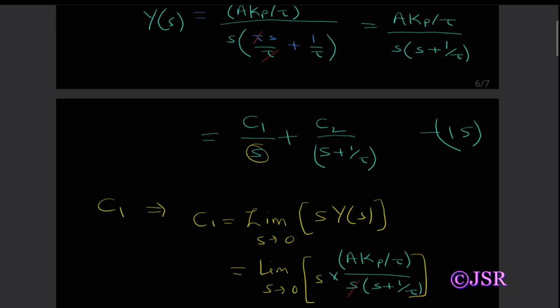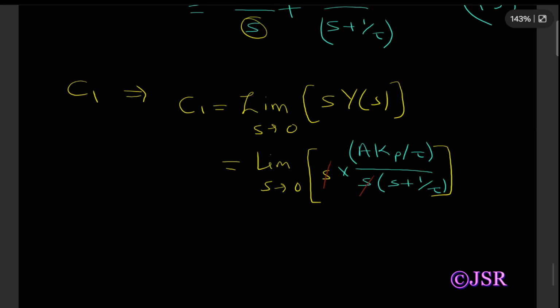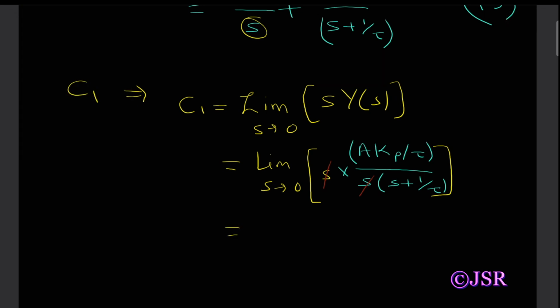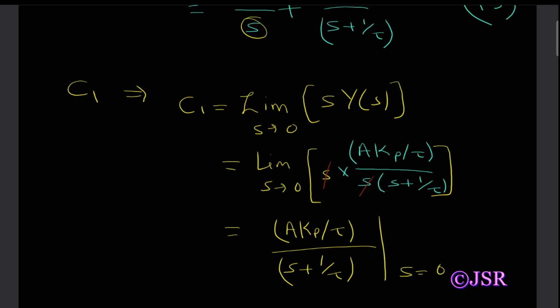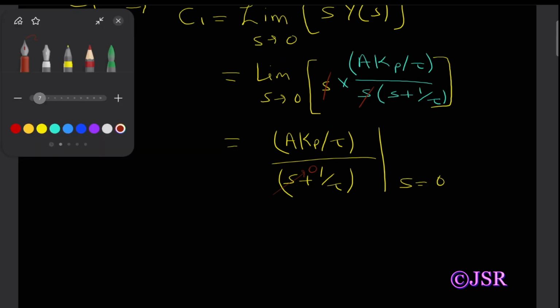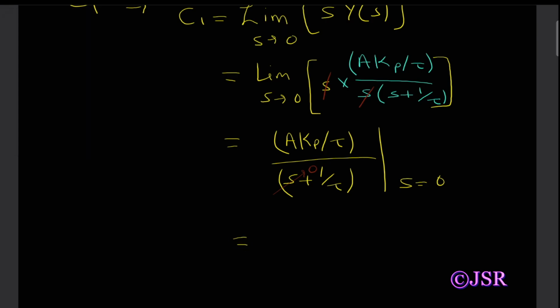So finally we will cancel out this s, and now we will have a kp by tau upon s plus 1 by tau, with s at 0. So now replace this s with 0. So finally c1 will be equal to a kp.